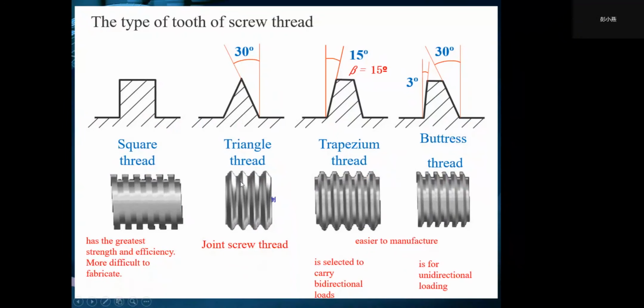And of the two types of screw thread, the triangle thread is joint screw thread. The square thread, trapezium thread, and buttress thread are driving screw thread.